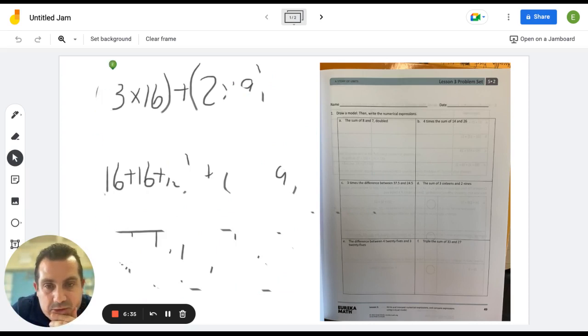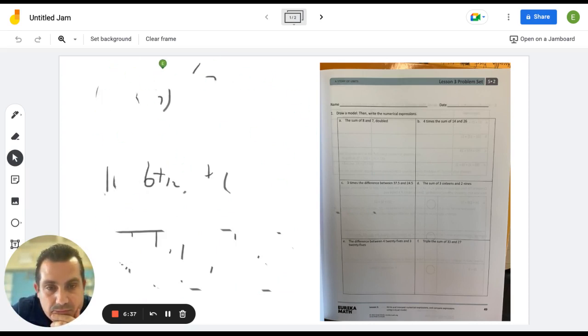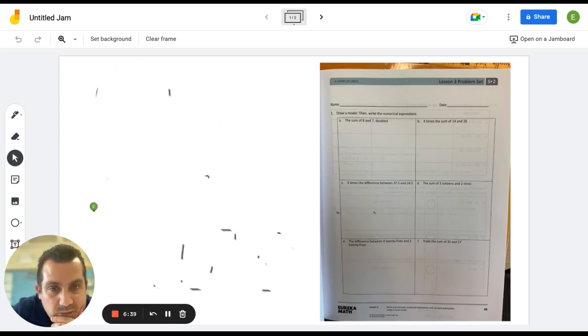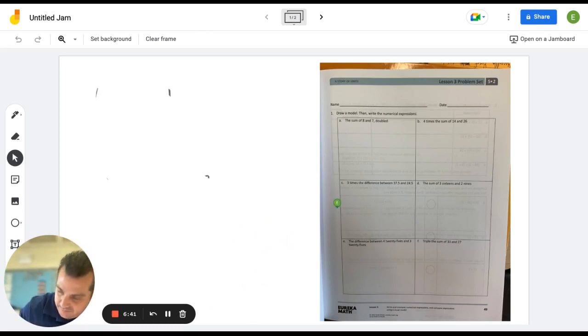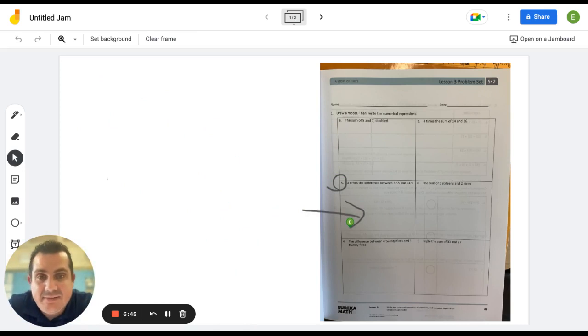Let's do letter C. So C, the 3 times the difference between 37.5 and 24.5. So here the difference means we have to subtract, all right? So if I'm going to do 3 times, I'm just going to write it up here, 3 times, okay? 3 times what?